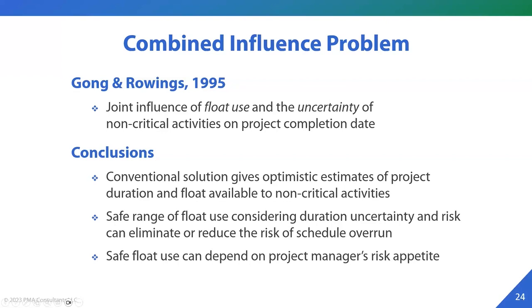They also mention that safe float use could depend on the project manager's risk appetite, but they don't really mention in the paper how that can play into the role. So if the project manager is risk averse, they might want to be certain to 100%, whereas a risk taker could come down and say, okay, I'm okay with a 20% risk that I would overrun and be okay with that.